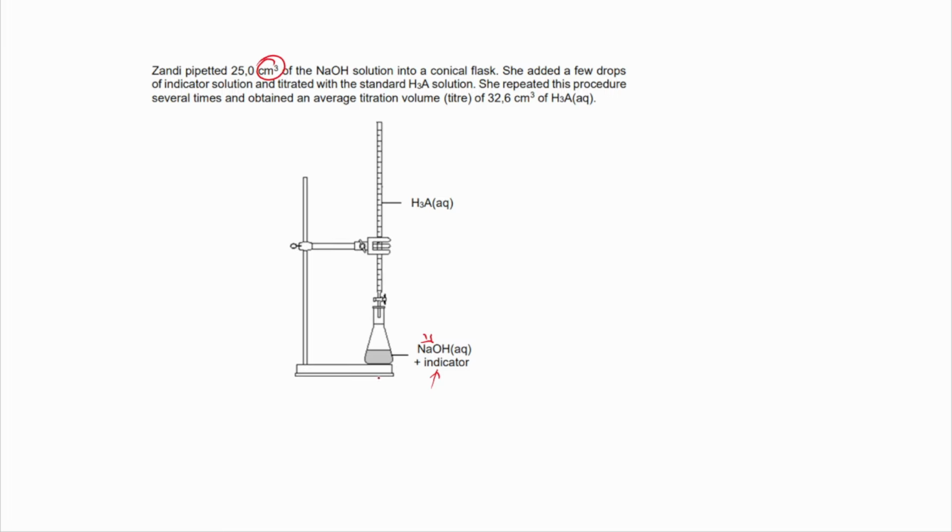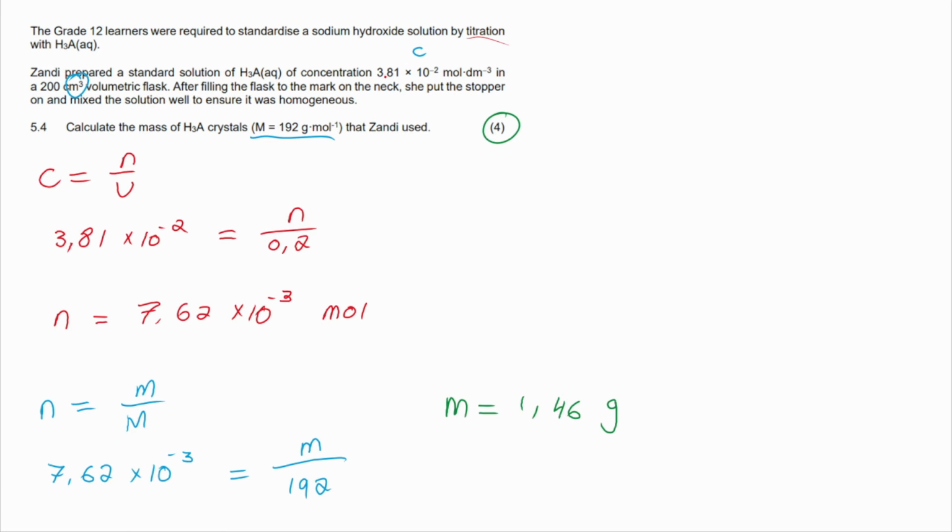So she repeated this procedure several times and obtained an average titration volume of this. All right, so this is very important. We're going to be using this in our titration equations. Okay, so you see here we have a volume for this H3A, and we also have its concentration from here.